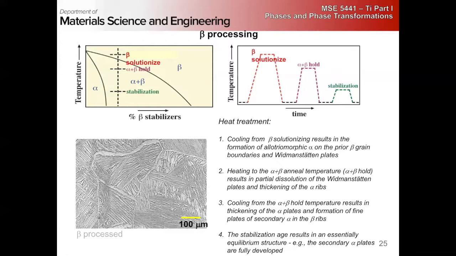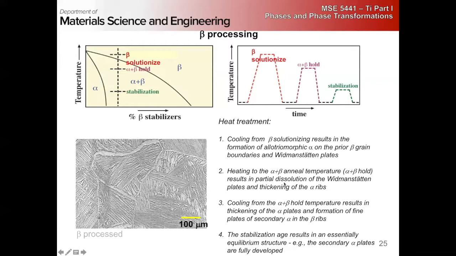So completely analogous to steel in this case. Then when we heat back up into the two-phase region, the alpha plus beta anneal or the alpha plus beta hold, we will partially dissolve the Widmanstätten plates and will thicken the alpha ribs.